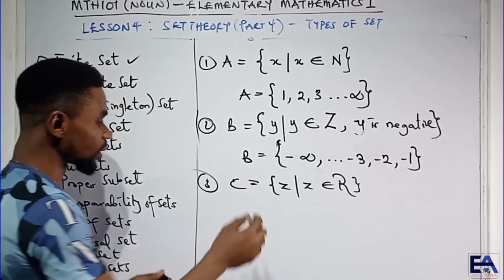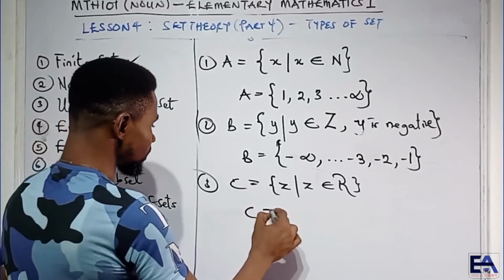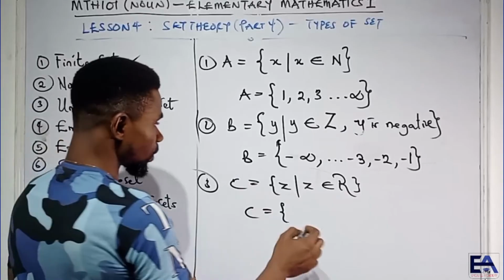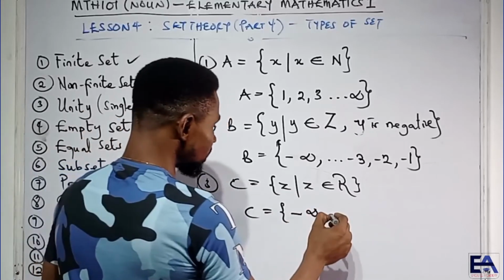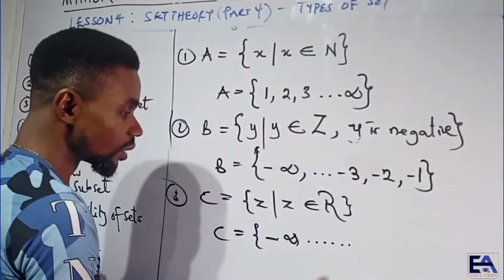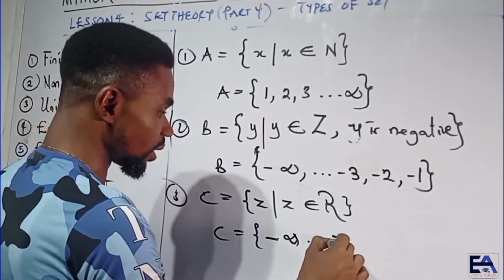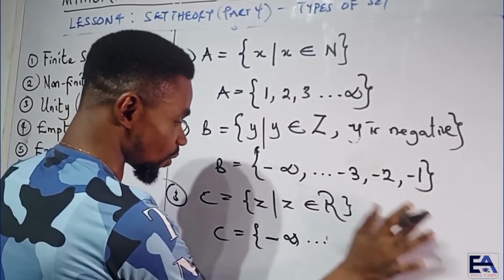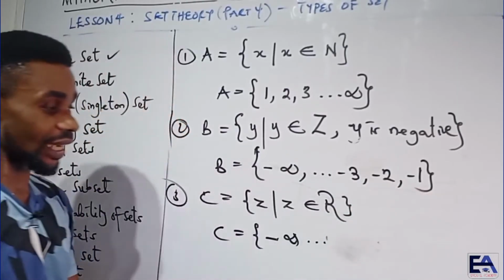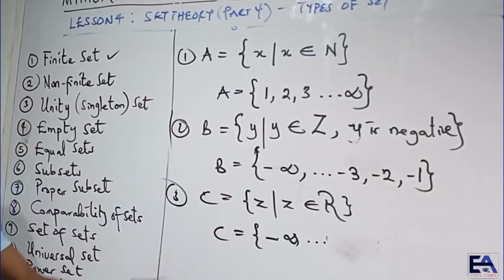If you want to represent this in a tabular form, you say C is a set of, we don't know where it started from, and it continues on and on. In fact, if I say -3, -2, I am ignoring decimals, and decimals are part of it too.